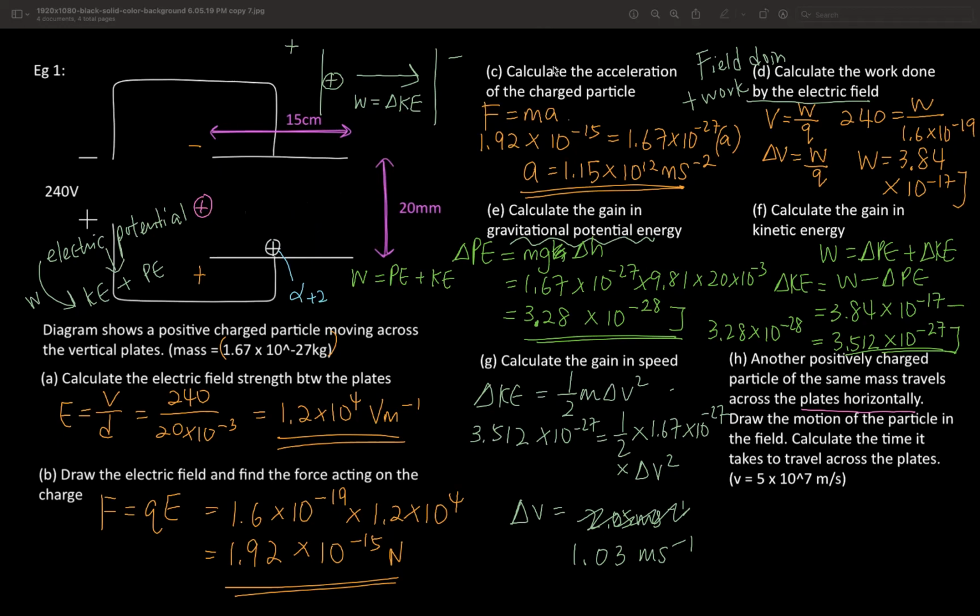Now, the trajectory of the particle here would be, as soon as it enters, let's say it's here, the force will be pulling upward. Over time, the force will be pulling upward like that. So it will slowly deviate to the upside like this. This is the motion of the particle.